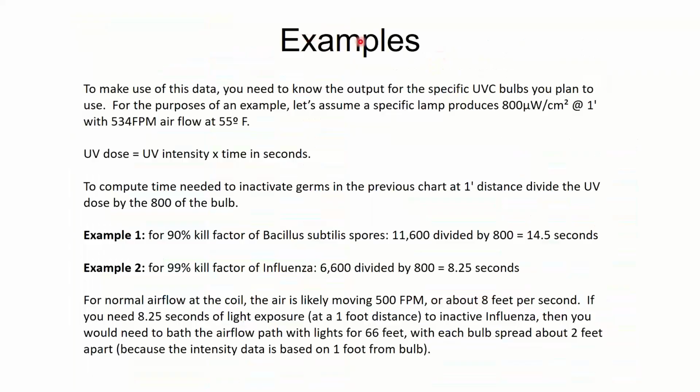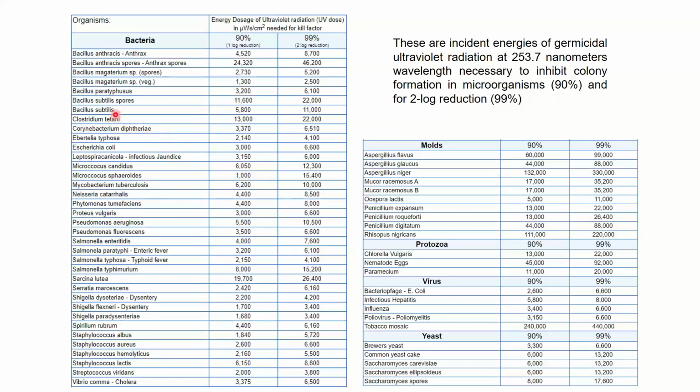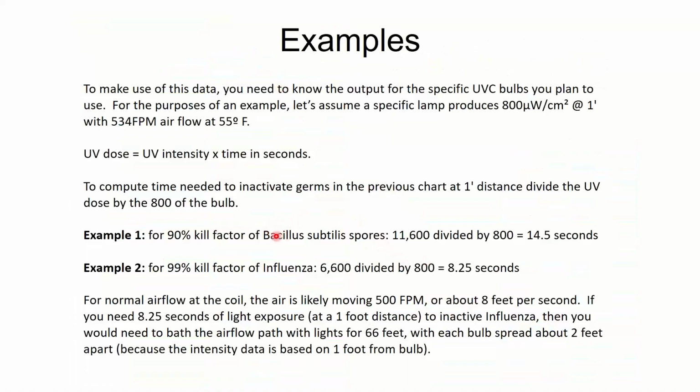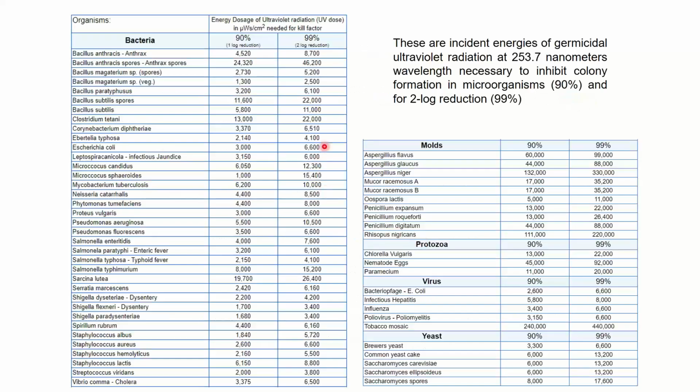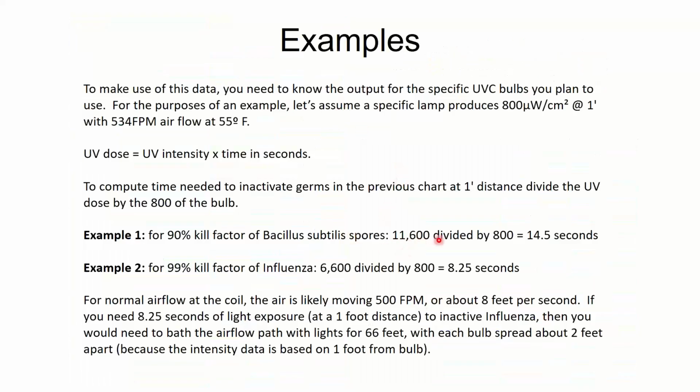So if I take an example, I forget which one I took, Bacillus subtilis, whatever that means, I need 5,800 microwatt seconds per centimeter squared to inactivate 90% of that, right? So if I get a light bulb that's 800, that's my intensity of the light bulb. I divide that into, oh, actually I did 1100, right? I did the big one. I did the 99%, so 99% kill right here. Did my math wrong?